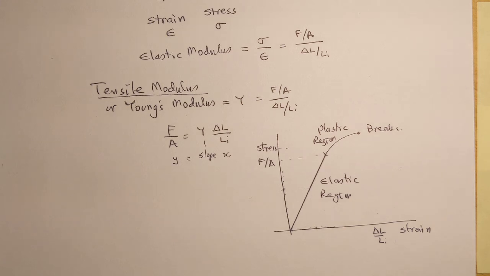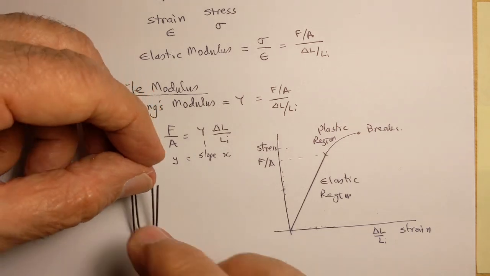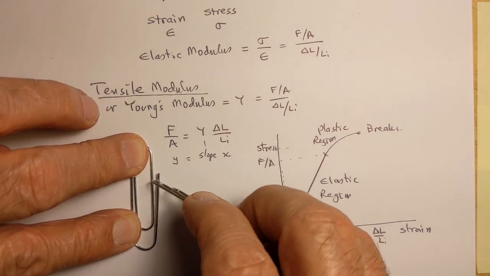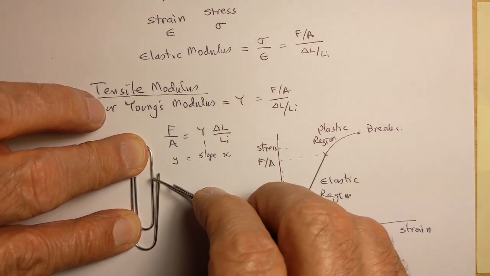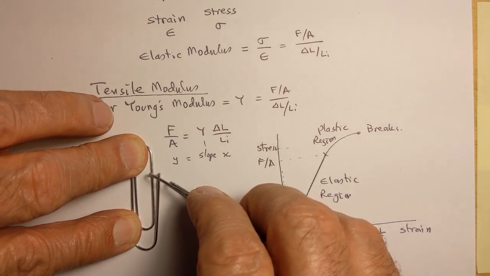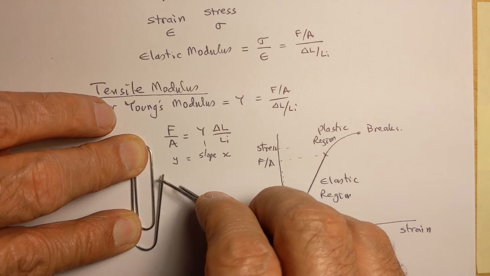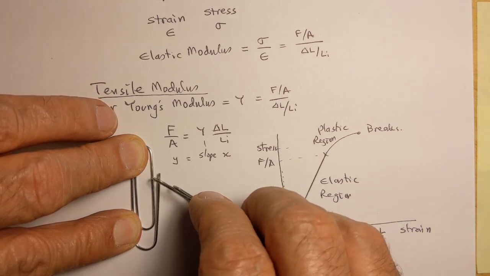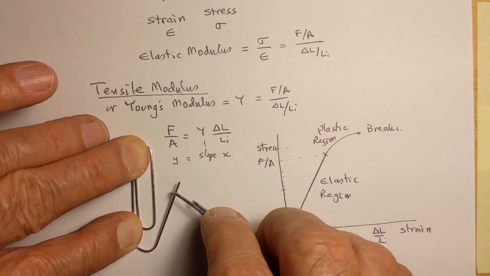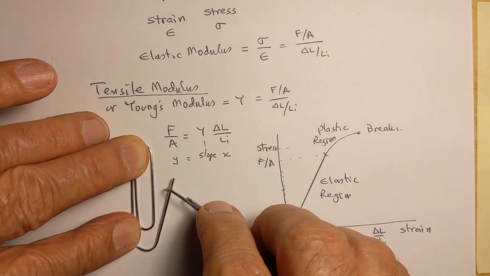As an example, which is not exactly correct for a tensile modulus, but it shows the same thing: if I pull it and release the force, it goes back to the same position. Because it's so small, it's still in the elastic region. But if I apply a bigger force, then it doesn't go back to the original position.